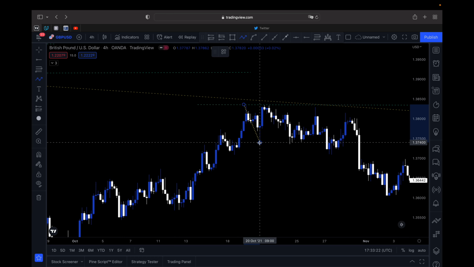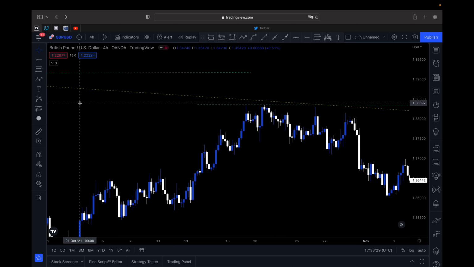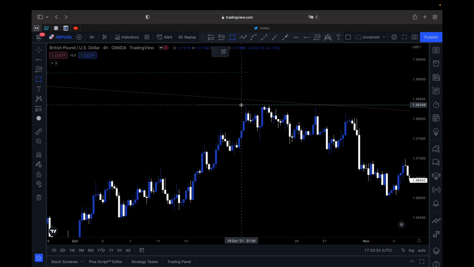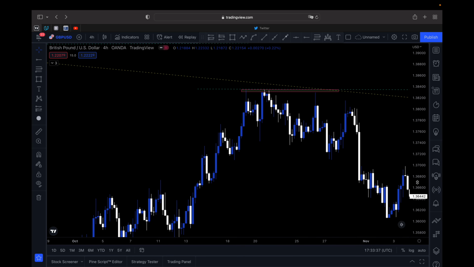And what did price do? I waited. Price created the first support. Price could not break this level here. So after grabbing this order here, I would expect price to break this level here. And if you watch closely, you will see the breakouts.